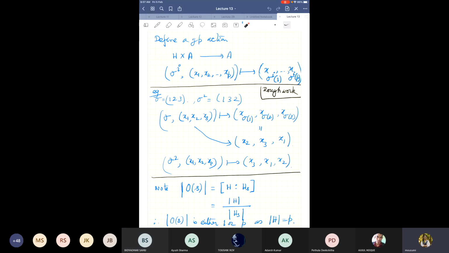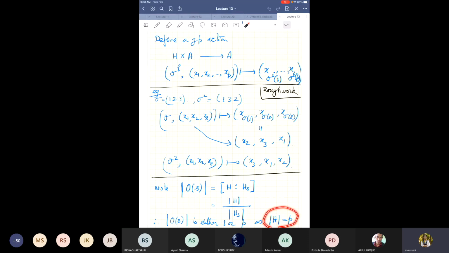Now, I was trying to see what will be the cardinality of an orbit. I have picked up any element S arbitrarily and then I am looking for the cardinality of the orbit. The theorem we have already proved says it is nothing but the index of the stabilizer. So this is order of H divided by order of Hs. What was the order of H?